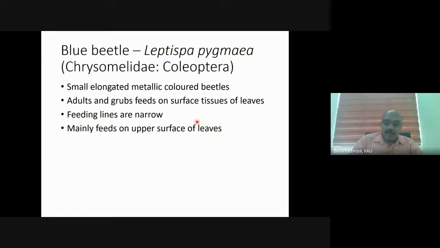It's considered a minor pest in most parts of our state, but only in certain districts like Kannur and Kasaragod, it's a major pest. It's an elongate metallic colored beetle. It feeds on the surface of the leaf, mainly on the upper surface. It doesn't feed on the lower surface. That's the nature of damage of blue beetle. It's a minor pest, so we are not discussing its management.